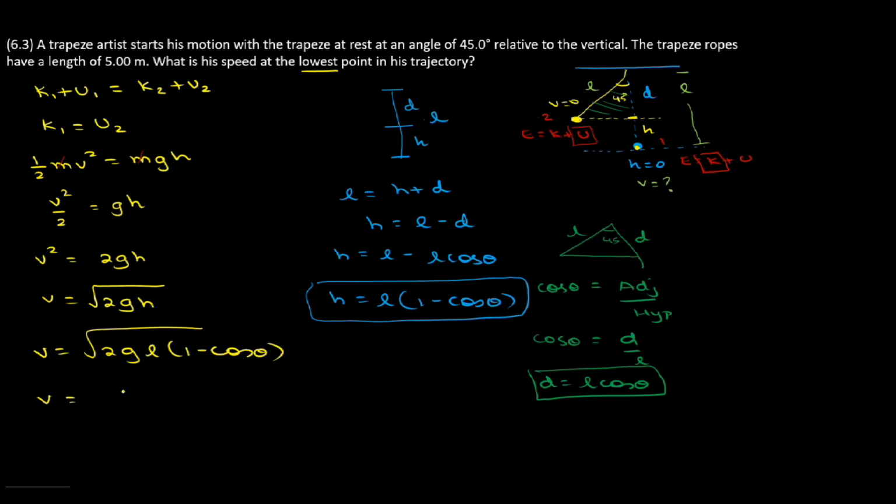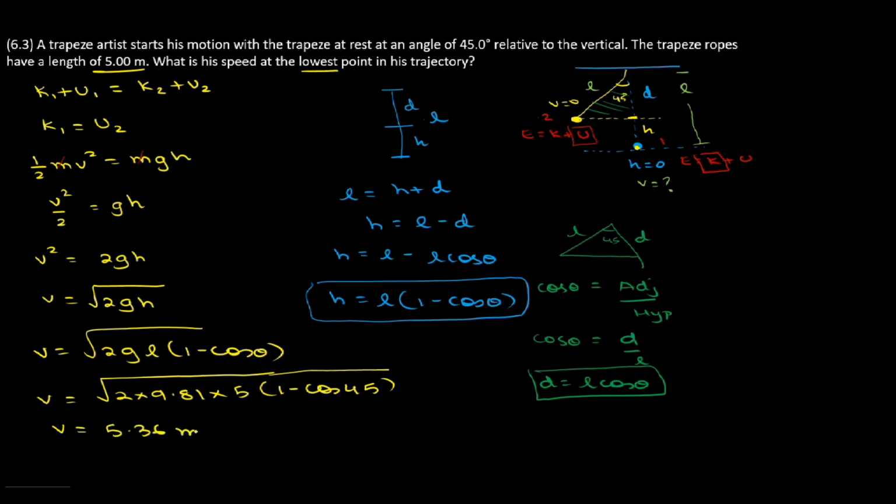So v equals square root of 2 times 9.81 times the length of the rope, which is 5 meters, given to us over here, times (1 minus cosine 45). And when you solve this, you will get v equal to 5.36 meters per second.